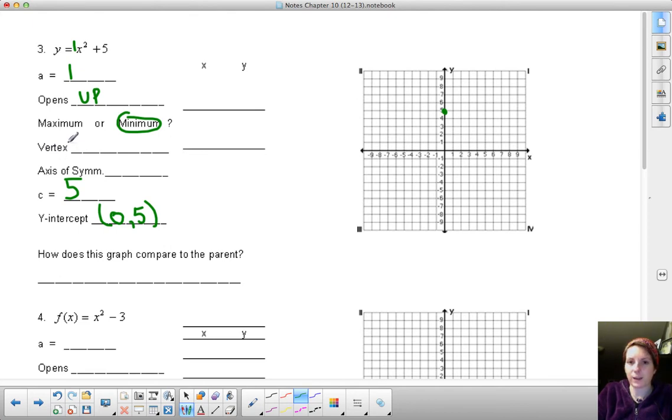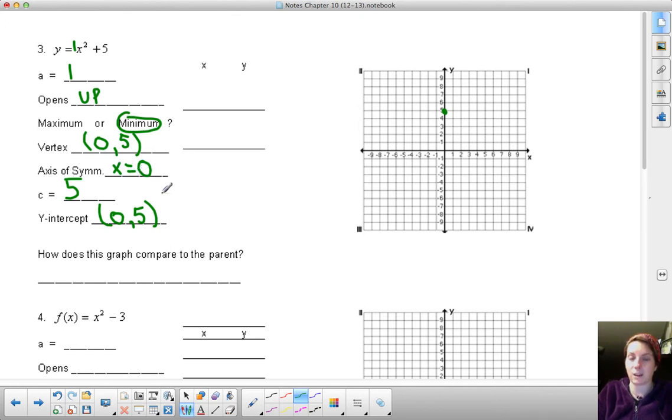But this vertex has only been shifted up or down because all we've changed is the C value. So I'm going to give it to you for today. When I only change the C value, my vertex becomes (0, C), because that's all I've changed, which means that my axis of symmetry is still at x equals 0.